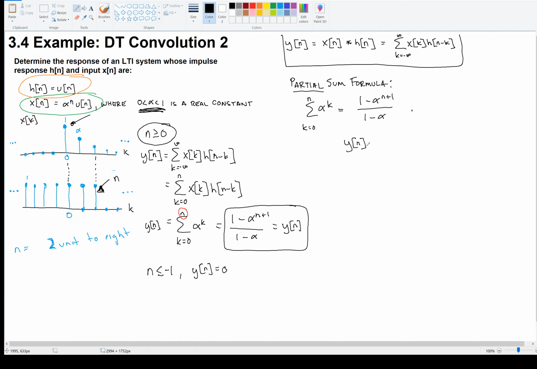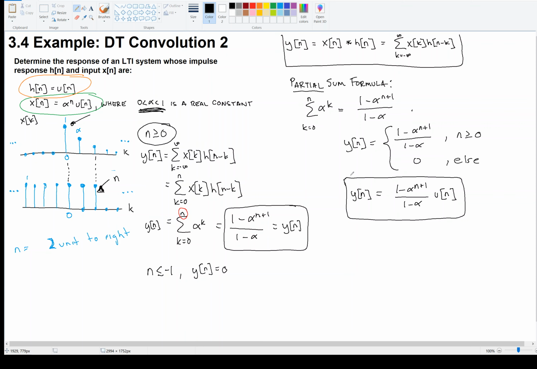We can say y of n equals 1 minus alpha to the n plus 1 over 1 minus alpha for n greater than or equal to 0, 0 else. Or, even slicker yet, we can write y of n equals 1 minus alpha to the n plus 1 over 1 minus alpha times the unit step. This is preferred because it's just one equation.